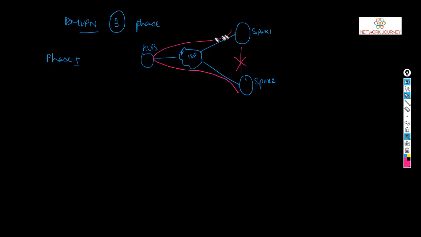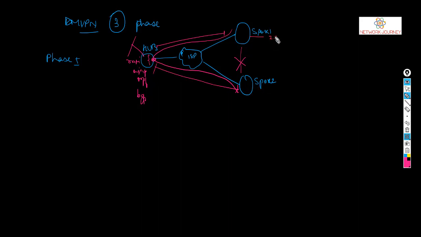Okay, spoke 1 has to send the traffic to the hub, which will have the routing protocol enabled, where we can make use of EIGRP, OSPF, or BGP, where we are going to advertise these networks. We can also advertise its own network, and the network behind spoke 2.